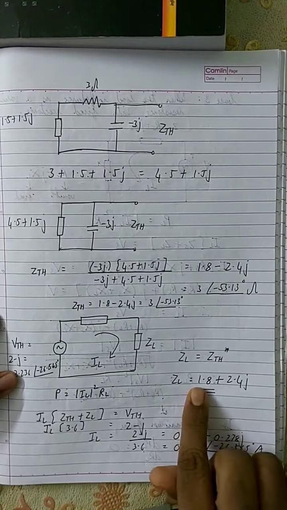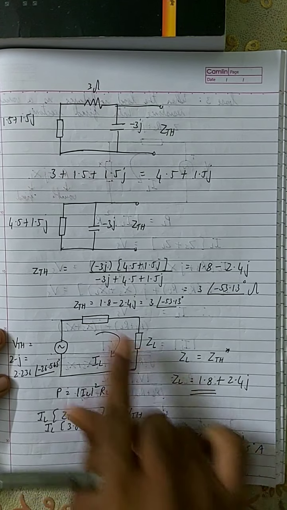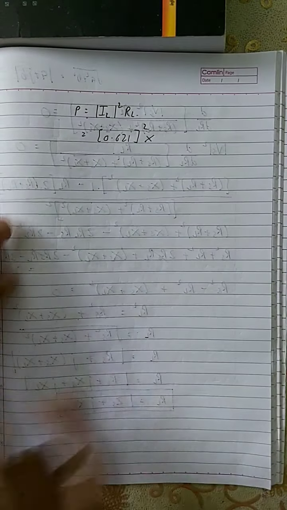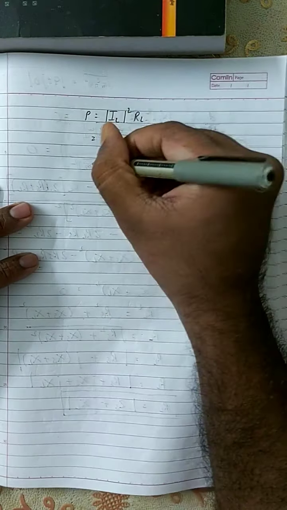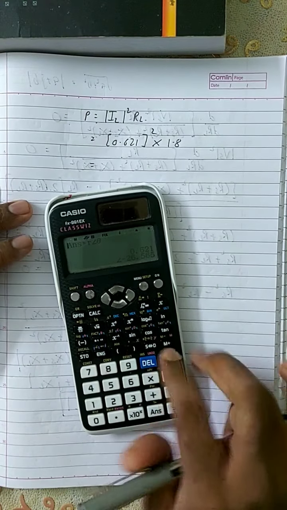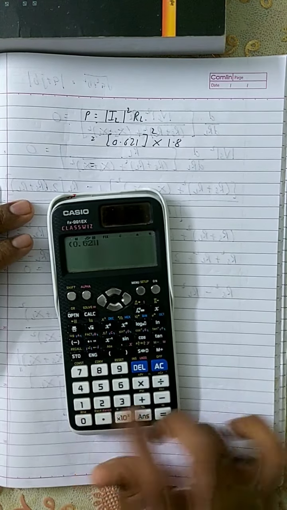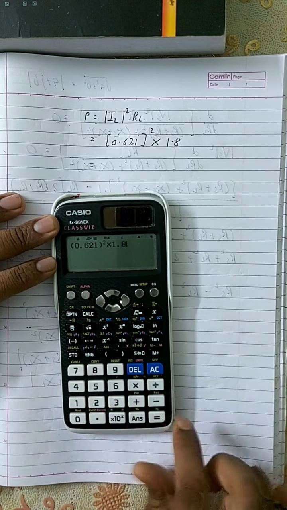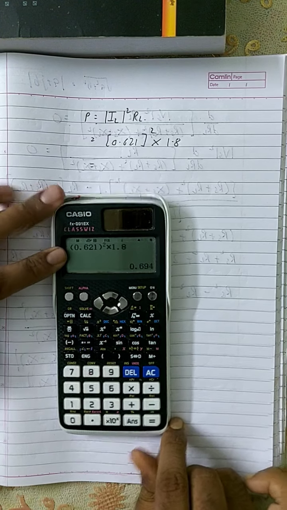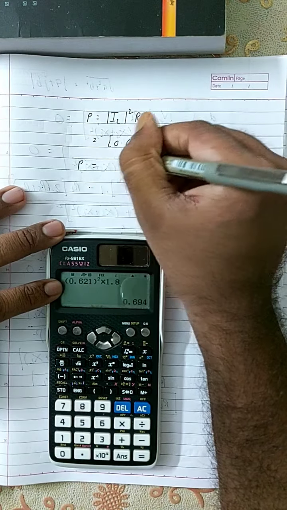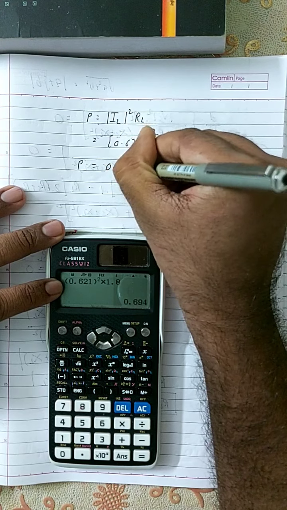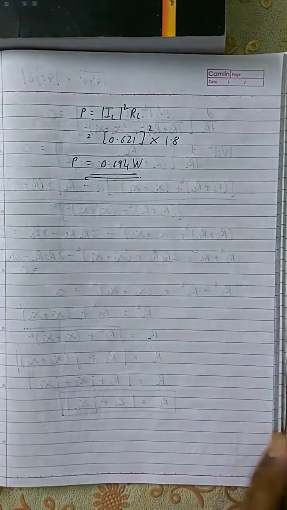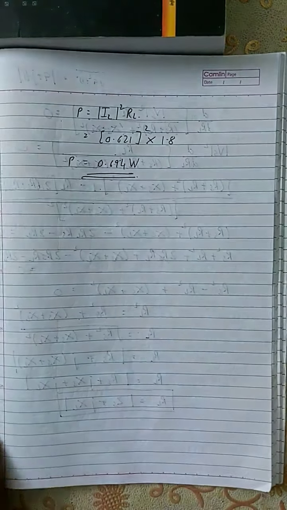RL is the real part of the complex impedance, the resistor, so it is 1.8. 0.621 the whole square into 1.8 is equal to 0.694. Therefore the power is equal to 0.694 watts. This is the value of the maximum power.